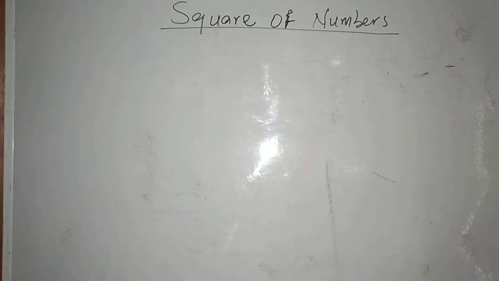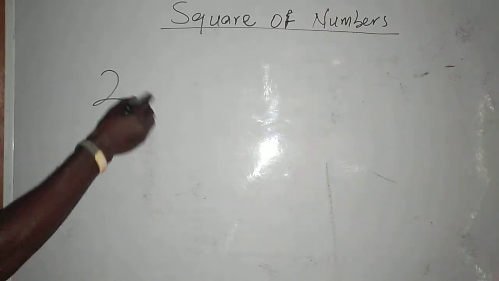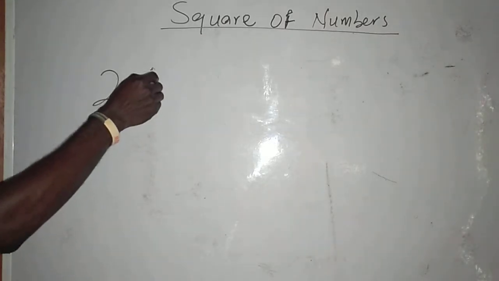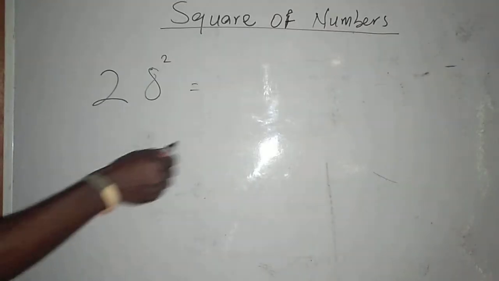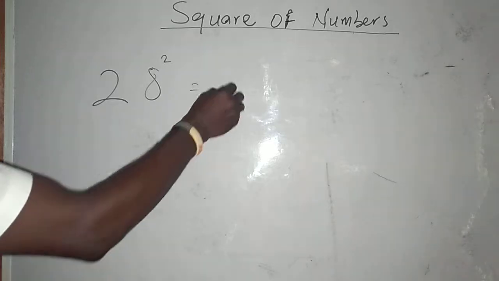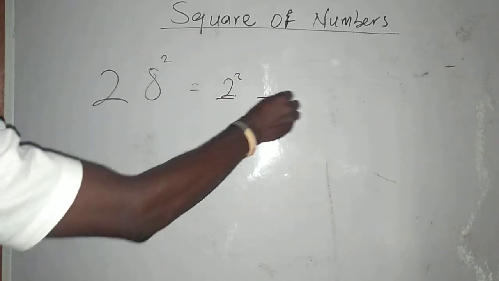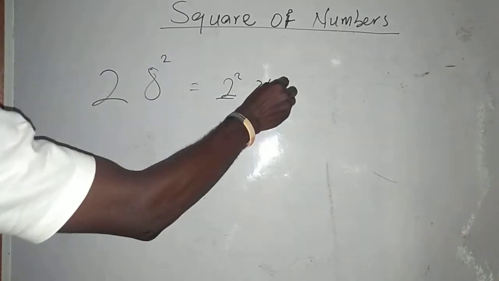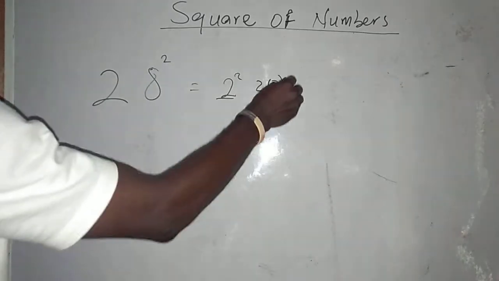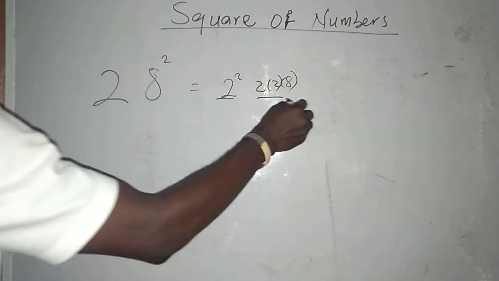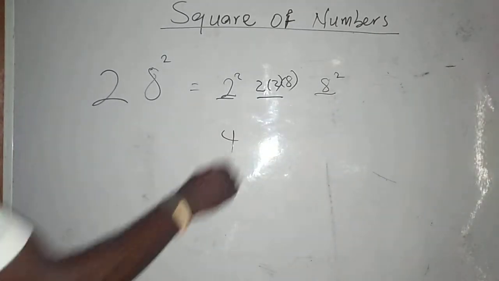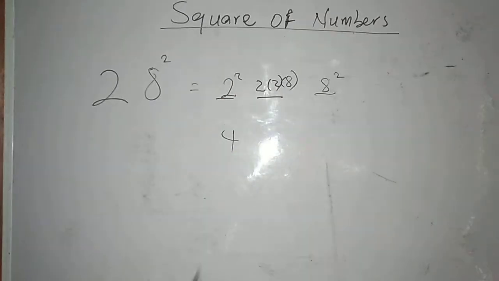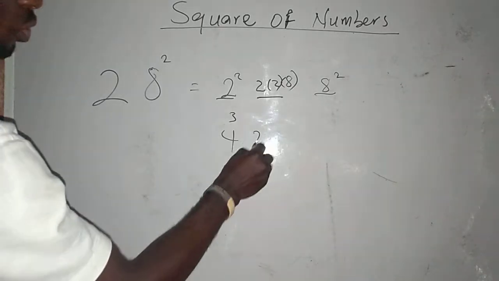If I have another number like this, let me move on to 28 squared. The same way, my A is 2, which is 2 squared, first term. The second term will be 2 times 2, which is my A, times 8, which is my B. And the last term will be 8 squared. 2 squared is 4, and 4 times 8 is 32. I have 32.